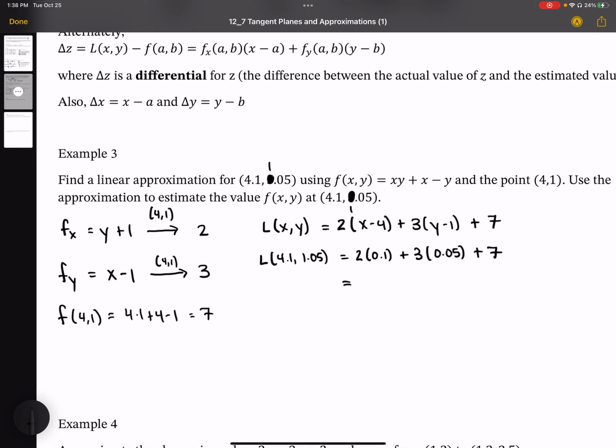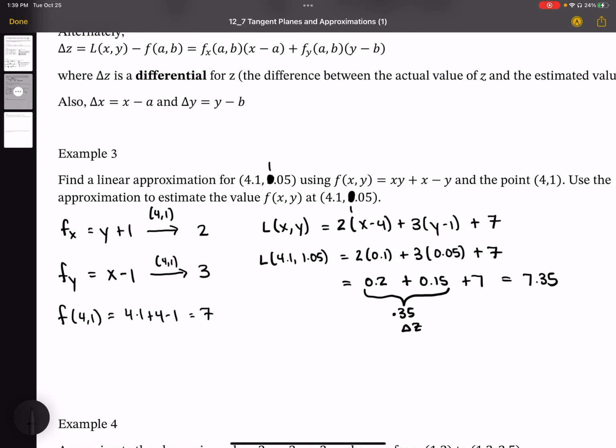And so that's going to equal 0.2 plus 0.15 plus 7, which is 7.35. But what we're really saying is that from this point 4, 1, 7, if you change x and y by 0.1 and 0.05 respectively, you expect the z to go up to 7.35. So this 0.35 is our delta z.